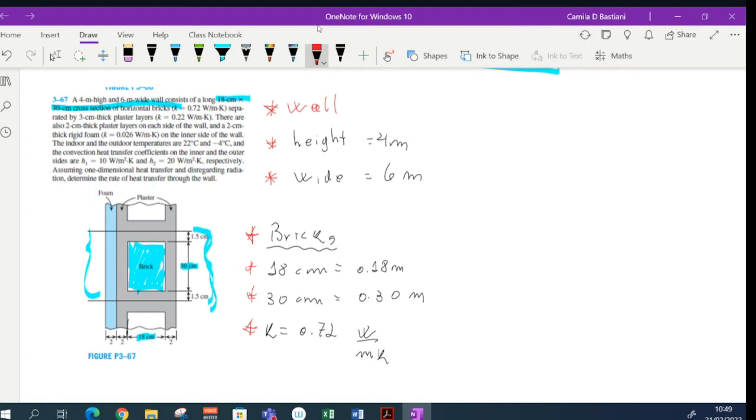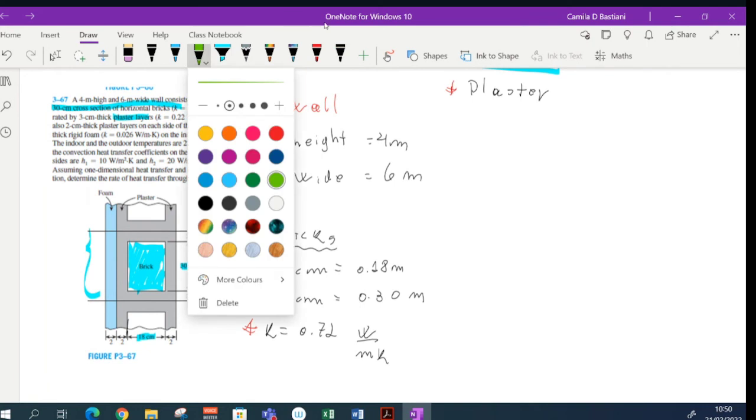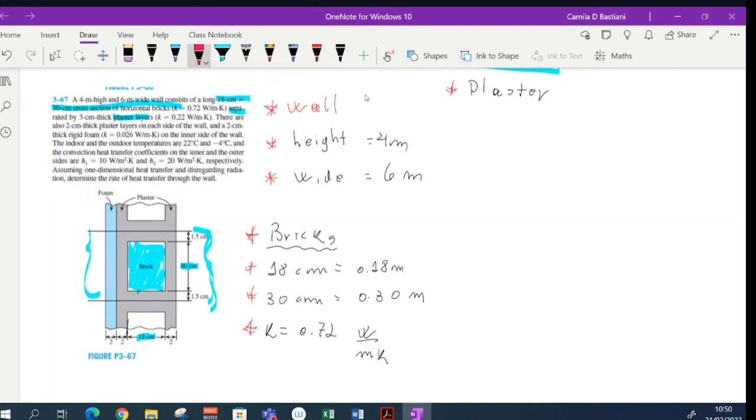Next, these bricks are separated by plaster layers. So the next thing that it goes about describing is these plaster layers. So I have here plaster layers. All this is plaster. And they give me the thickness of the plaster layers.